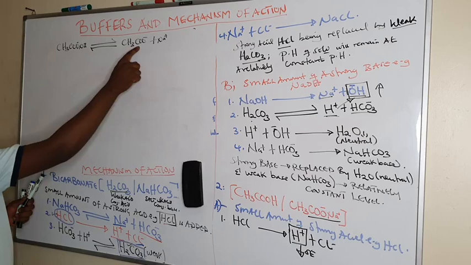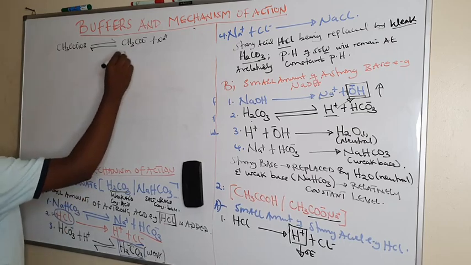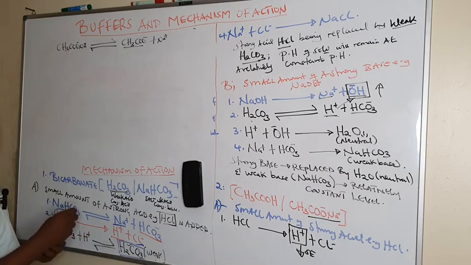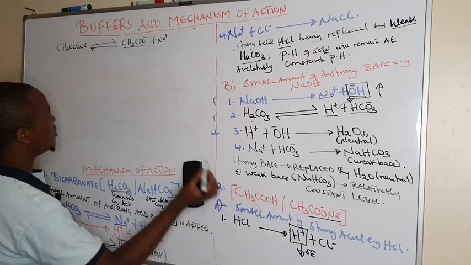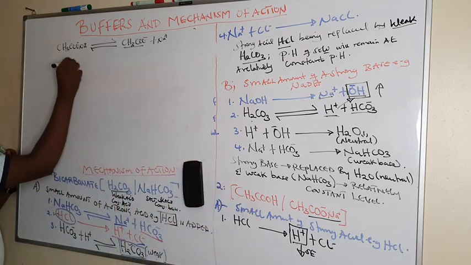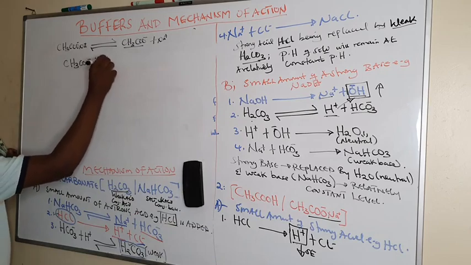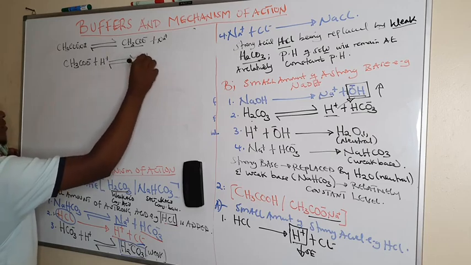And this ethanoate, which is liberated, is going to act as a weak base by accepting the protons, whereby these protons which can decrease pH are going to be accepted by this weak base to form the weak acid, ethanoic acid.